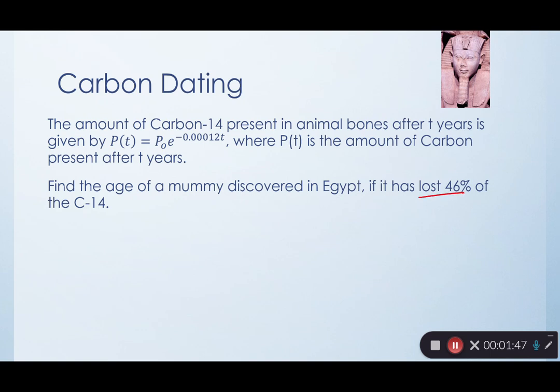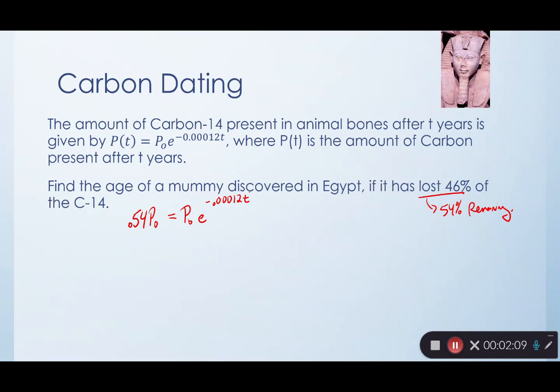So if it's lost 46%, that means it has 54% remaining. Right? So from that we can say, okay, great, I have 54% of whatever I started with, which we don't know what it was.